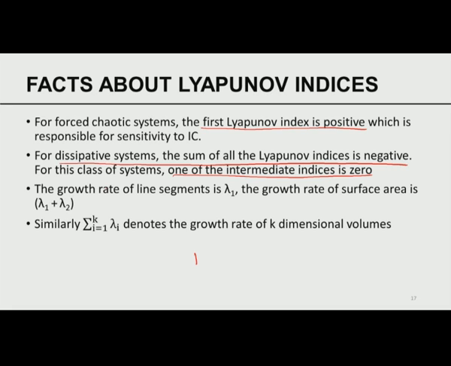Lambda 1 plus lambda 2 plus lambda 3 refers to the growth rate of specific volumes. That is where different Lyapunov indices come into play. Likewise, the sum of the first k Lyapunov indices tells you the rate of growth of k dimensional volumes. So these are all very simple facts.